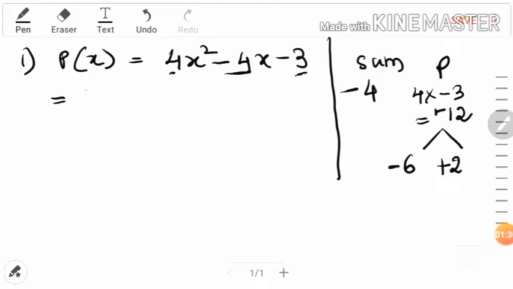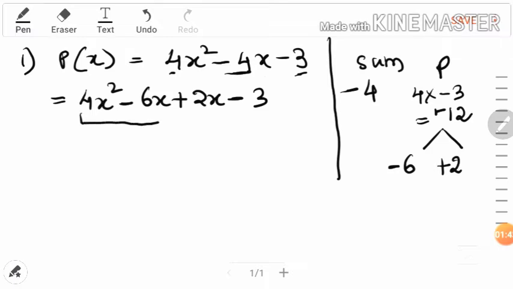So splitting the middle term, we get 4x square minus 6x plus 2x minus 3. Now find common factors from the first two terms and the last two terms.